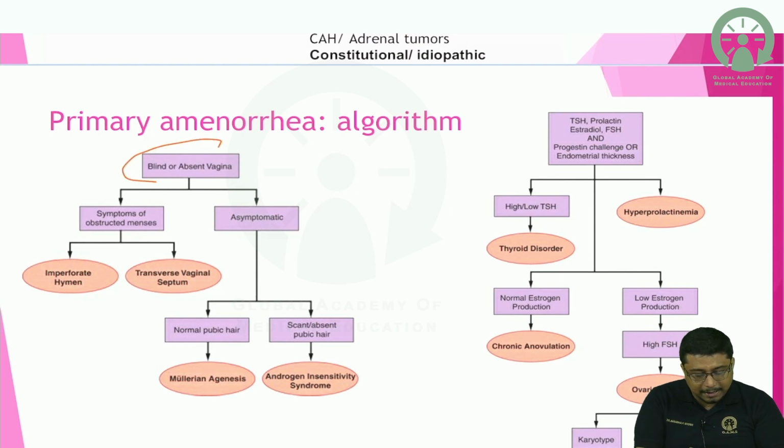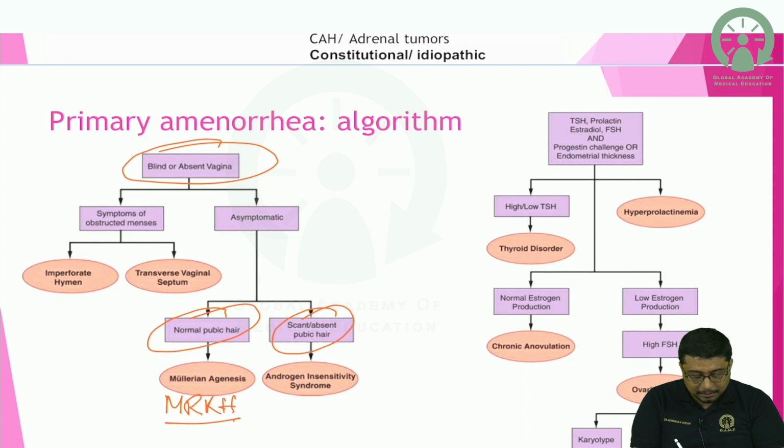So if you find an absent or blind vagina, if they talk about it, then if she has normal pubic hair, it is Mullerian agenesis or MRKH syndrome. If she has scanty or absent pubic hair, then it is androgen insensitivity syndrome.